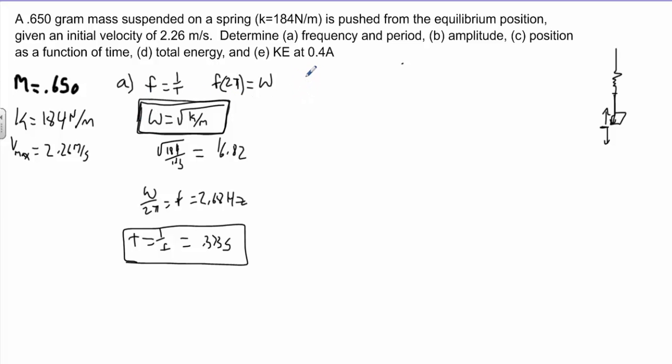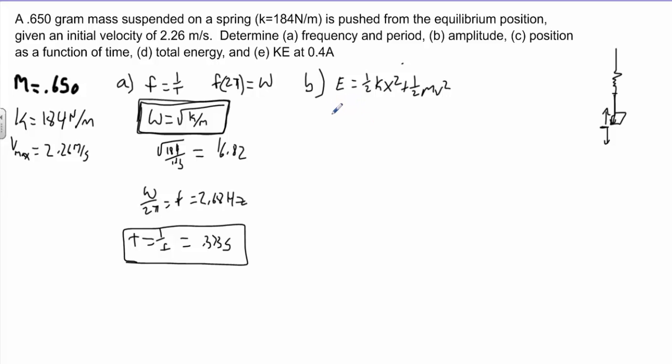B, we're supposed to find the amplitude. Alright, well, this one might be a little bit tricky, except that we know there's a relationship between kinetic energy and amplitude, and we know there's a relationship between position and amplitude. So we know the total energy of the system is equal to 1/2 kx squared plus 1/2 mv squared, where x is any position and v is the velocity at that position.